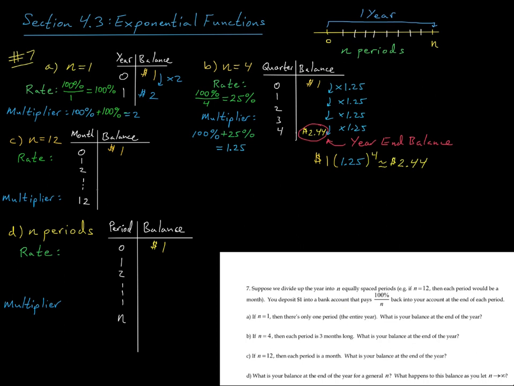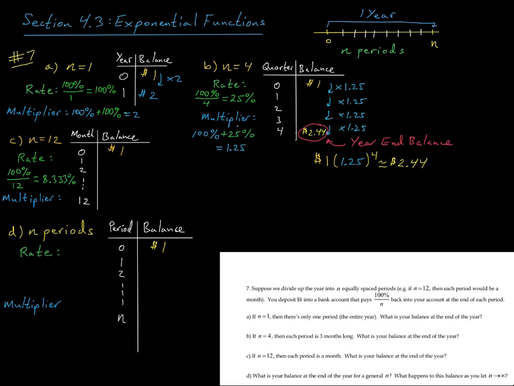Okay, how am I going to go about finding the year-end balance now? Well, for the rate, we're going to take this 100% and divide it by 12, which is about 8.3%. It's really 8 1/3. So I'll just say 8.333%, rounding a bit.